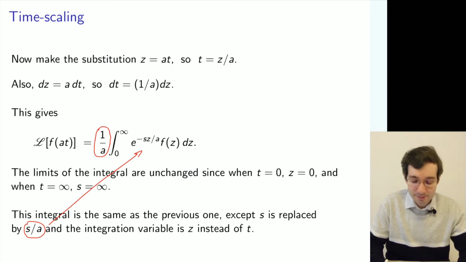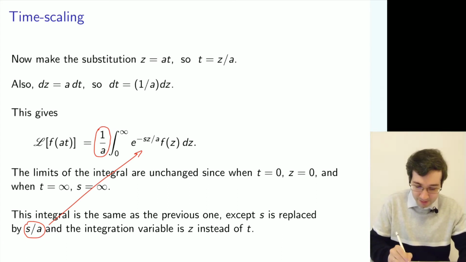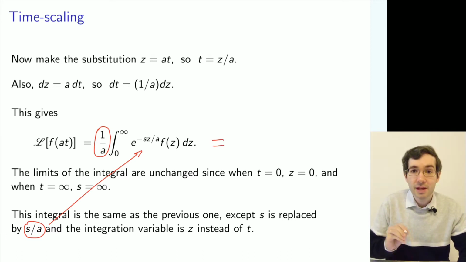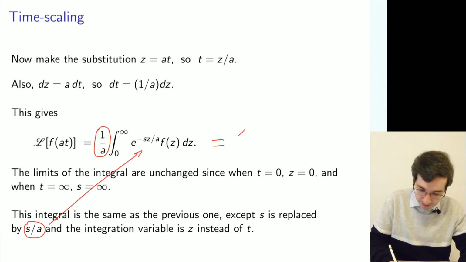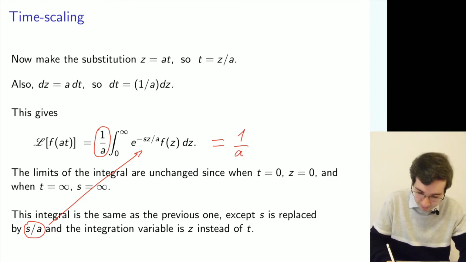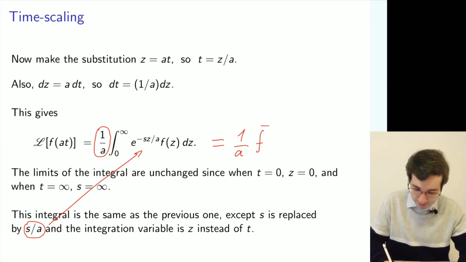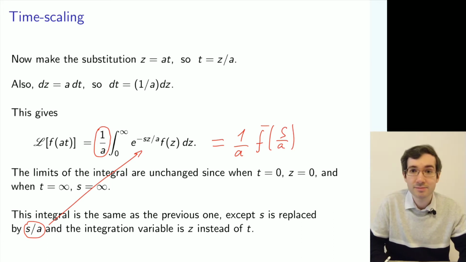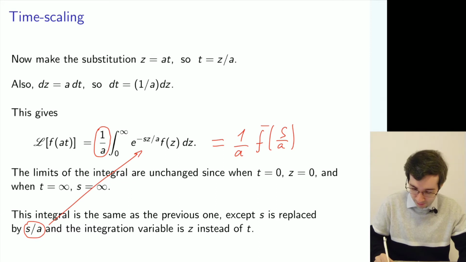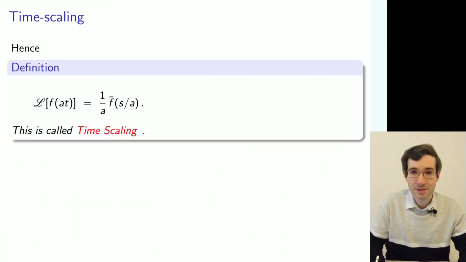So if you look closely, you probably will realize that this is nothing more than a Laplace transform of the original function, but with a scaling factor in front of it, and also inside, its argument is scaled as s over a. And that is exactly what is called the time scaling property.